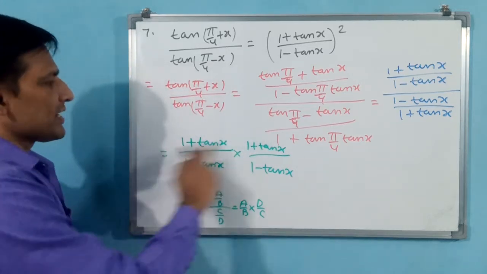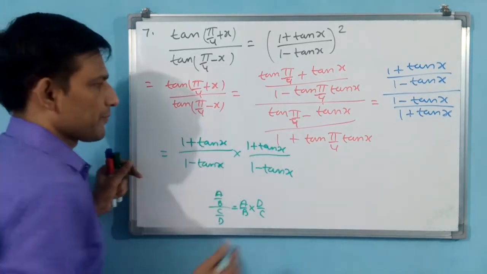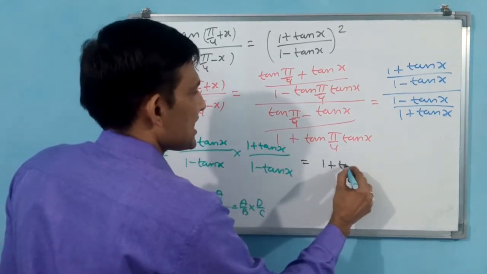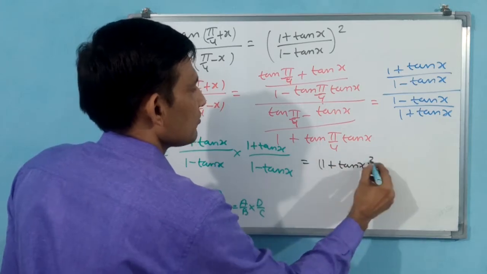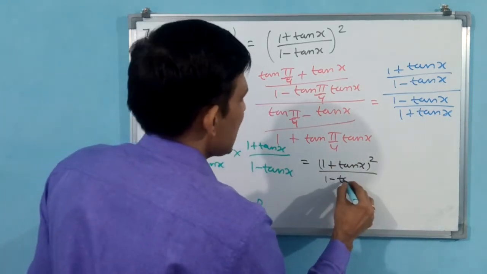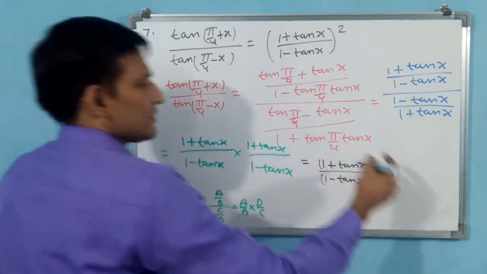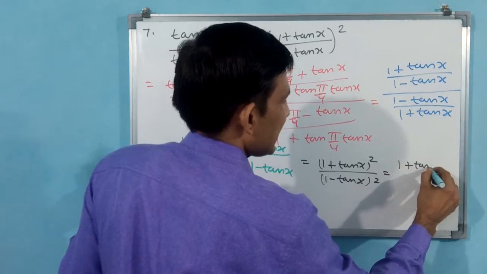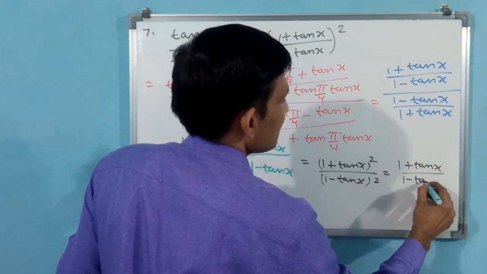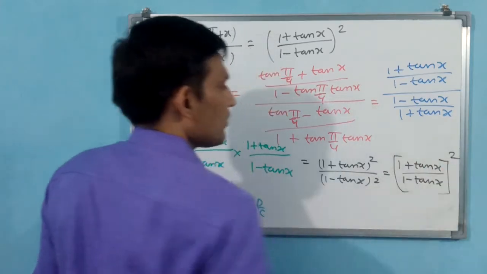Now you see, numerator 1 plus tan x into 1 plus tan x, that means 1 plus tan x whole square, divided by 1 minus tan x into 1 minus tan x, 1 minus tan x whole square. Or you can write like this also: 1 plus tan x by 1 minus tan x whole square.